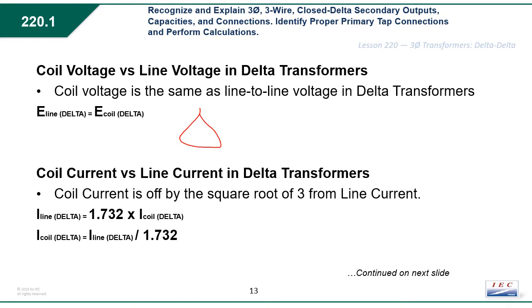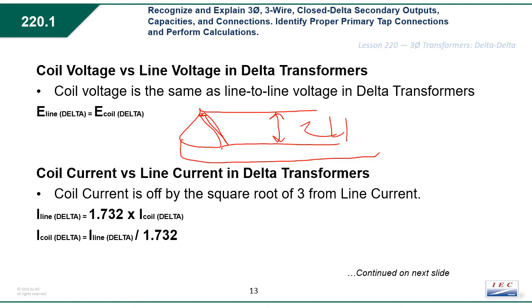Here's my delta, and I've got 3 lines coming off that delta. The voltage between these 2 lines is the same voltage that you would find between these 2 points. So if I receive 240 volts here on my meter, I'm going to have 240 volts between the 2 points of that triangle.